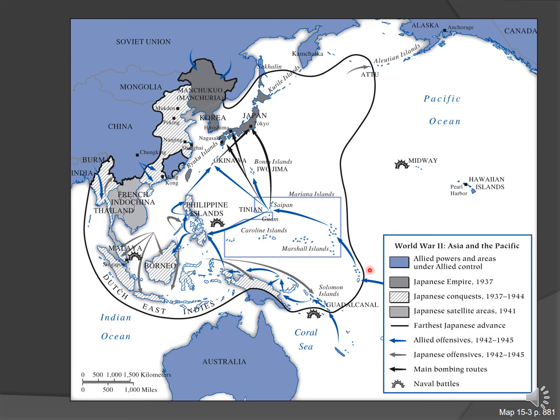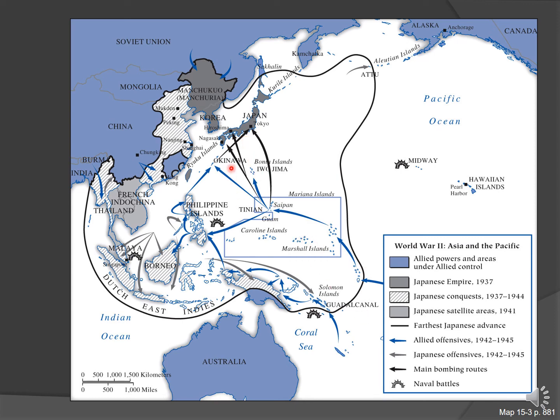Then you have this other strategy moving along the Marshall Islands, eventually to Guam. And then splitting the forces here, some of the forces going to the Philippines and others going to Japan, with the ultimate goal of attacking the Japanese mainland.